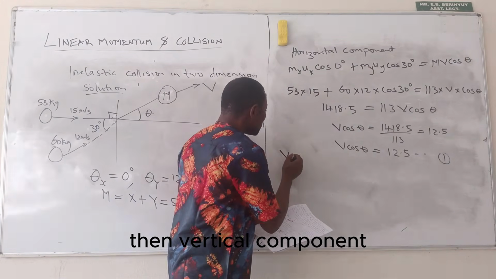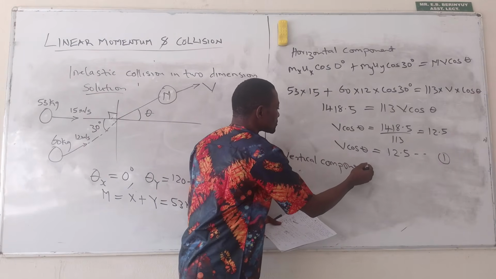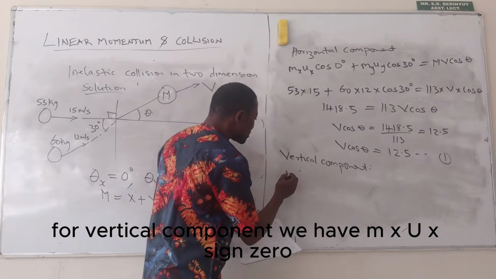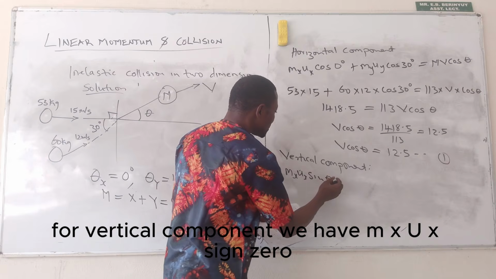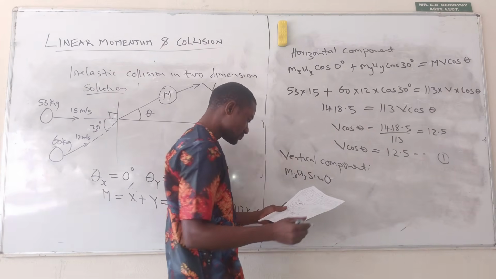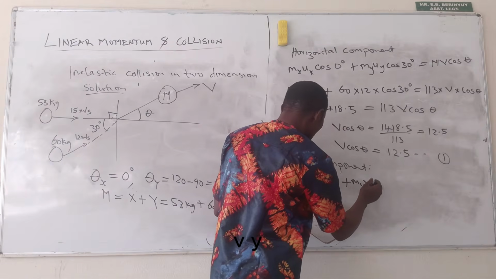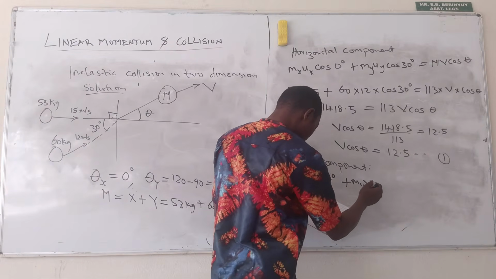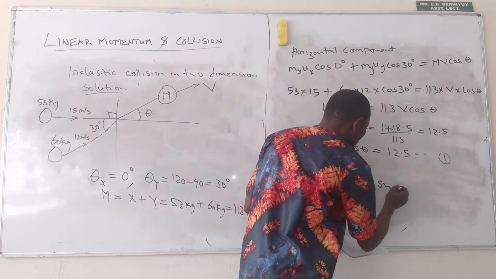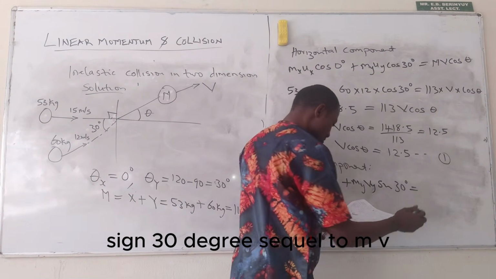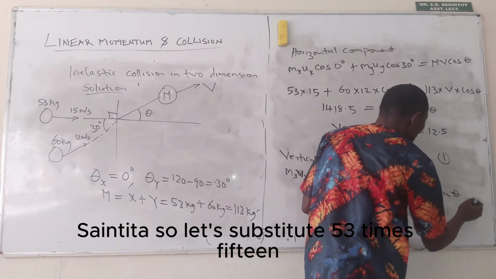Then vertical component. For vertical component, we have mx ux sine 0 degree plus my uy sine 30 degree is equal to mv sine theta.